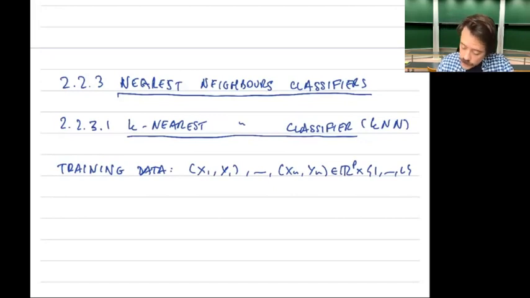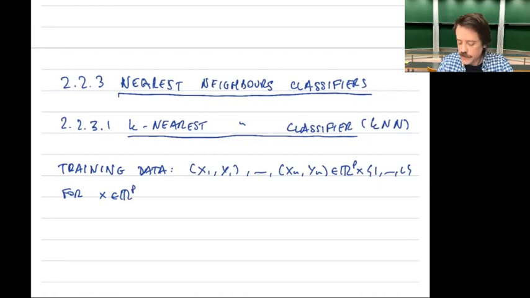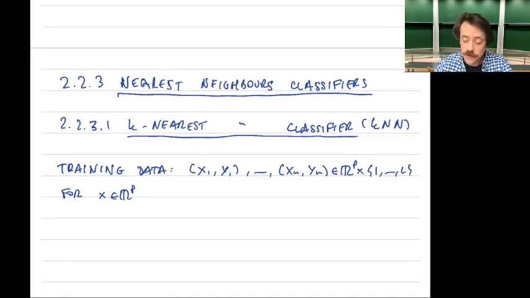Then given this data, for a given x in this space, we wish to classify it. And so how do we do that? Well, what we're going to do is take the k nearest neighbors, and we're going to look at the labels and just do a majority voting.